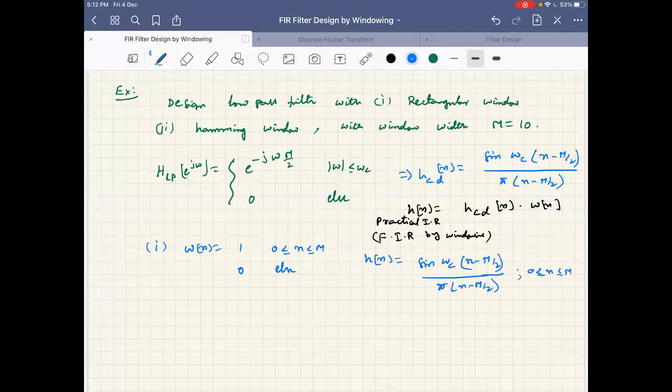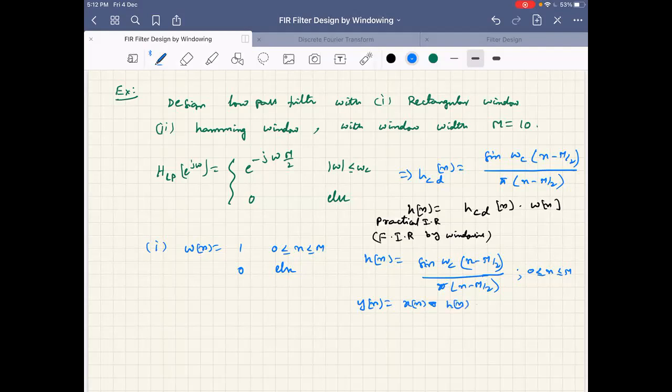This is the impulse response of the filter we have now, and this is a causal filter because it ranges only over n greater than or equal to 0, and this also gives the input output relationship as y of n equal to x of n convolved with this h of n.